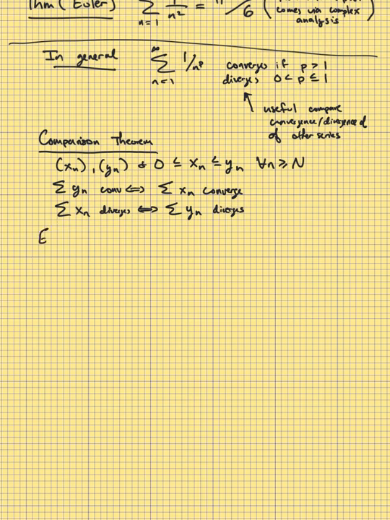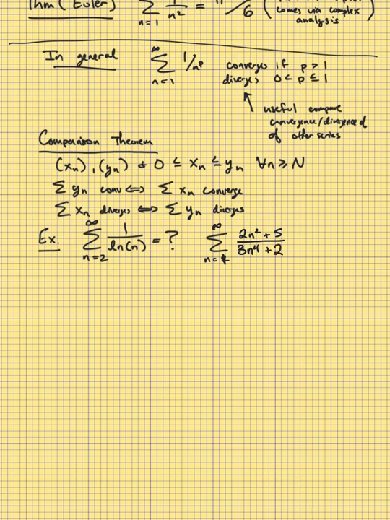So, for example, maybe I'll just leave these as exercises. If you take something like 1 over the natural log of n, for n equals 2 to infinity, what happens here? Or if I take the sum from n equals 1 to infinity of 2n squared plus 5 over 3n to the fourth plus 2.